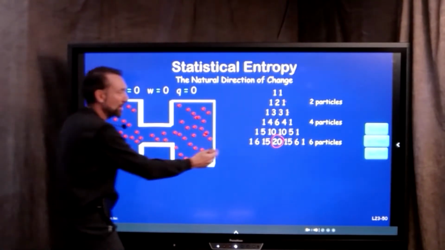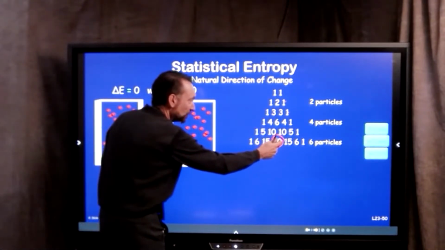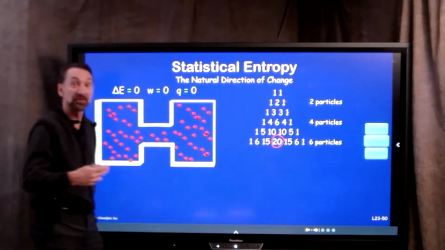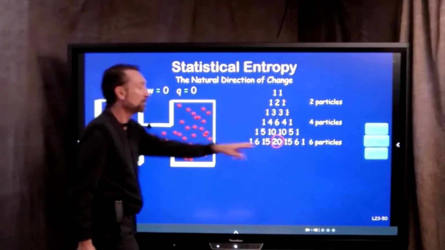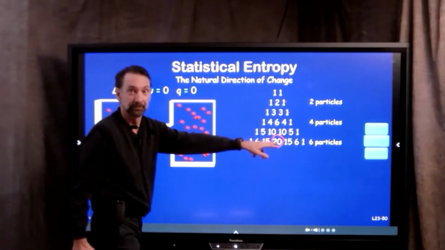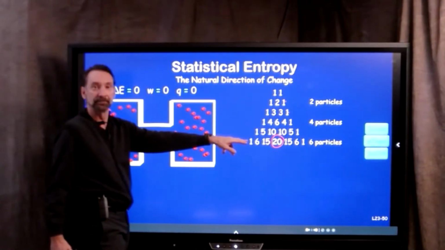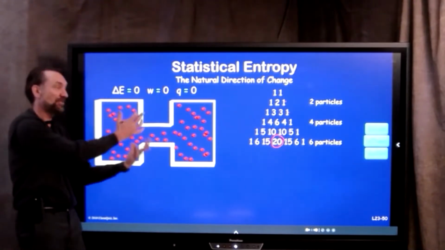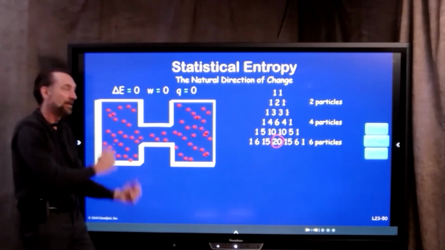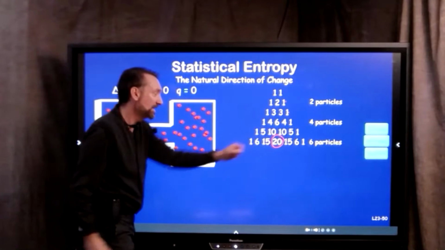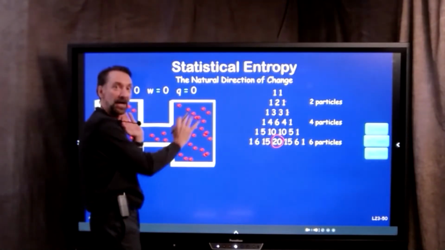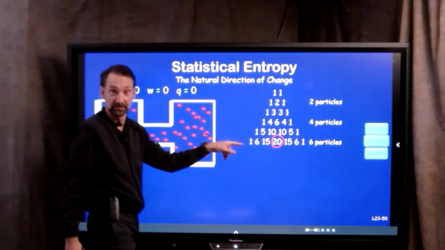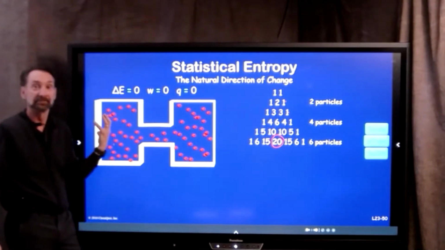But so now the combination where there's 3 on one side and 3 on the other, there's 20 ways to do that. And there's still only 1 way to do all 6 on one side. So now there's 20 ways to do equal on each side and only 1 way to do all on one side.